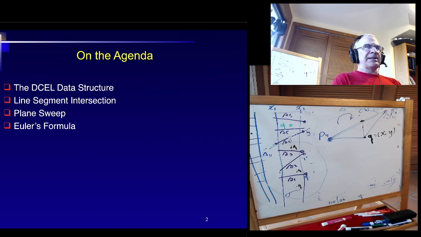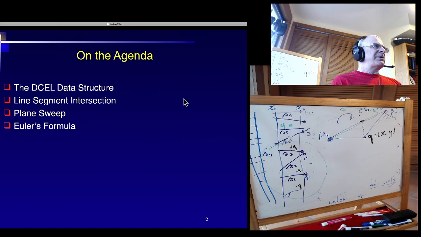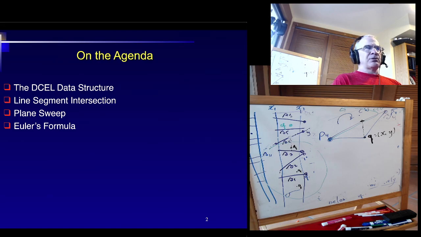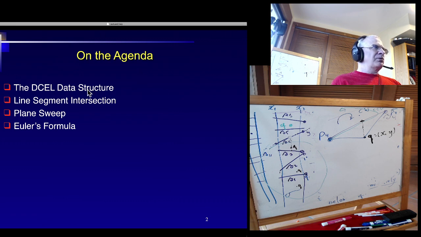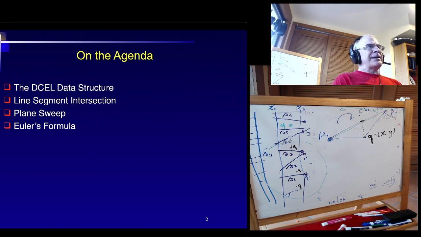There will be states or regions or countries, with boundaries between them, and we need to store it. Maybe for GIS, Geographic Information System, maybe for robotics, maybe for graphics. Let's see one way to understand what can happen in the plane and how we store it as a data structure.